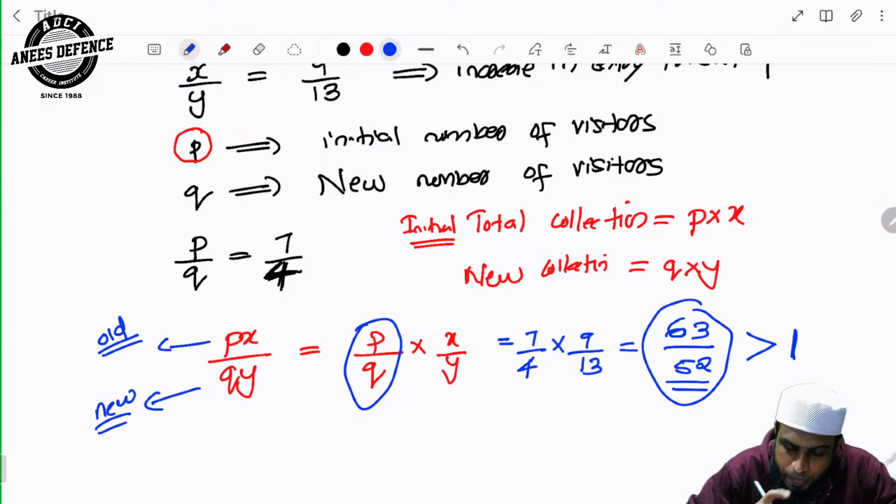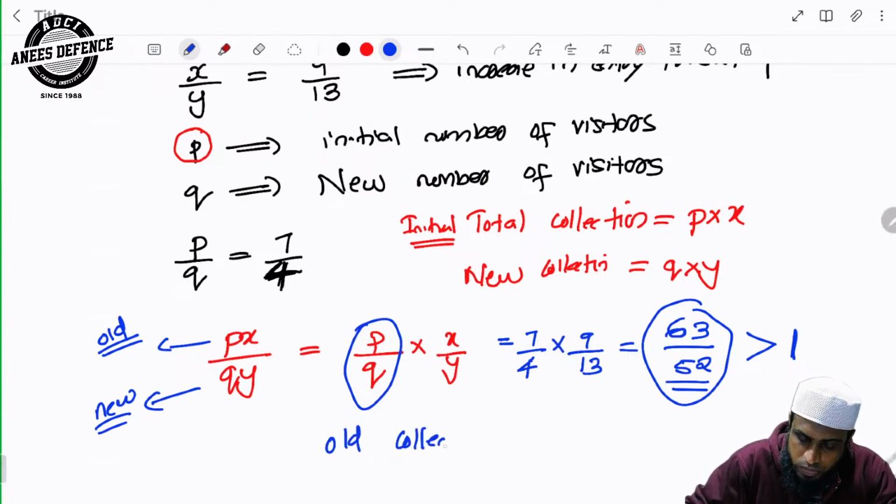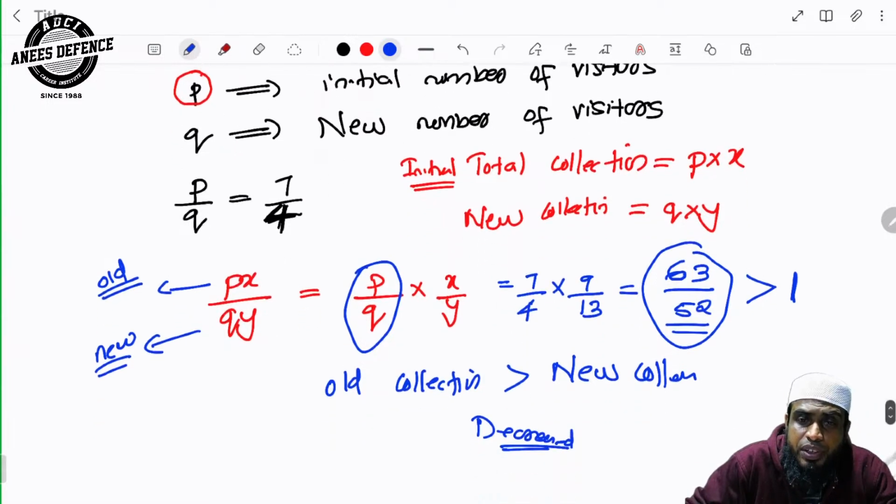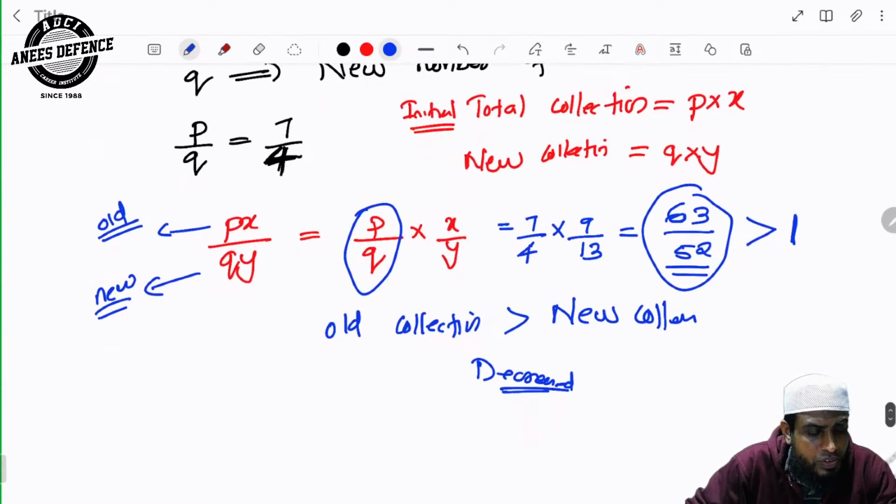Old amount is Px and new amount is Qy. If the ratio is greater than 1, it means the old collection is greater than the new collection. So here the net effect is our amount is decreased. That is the question.